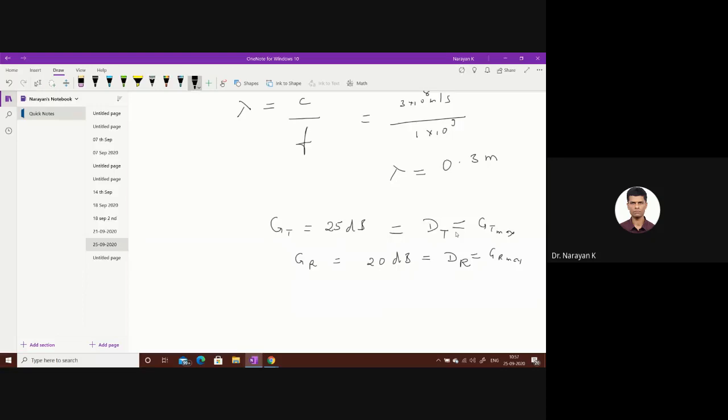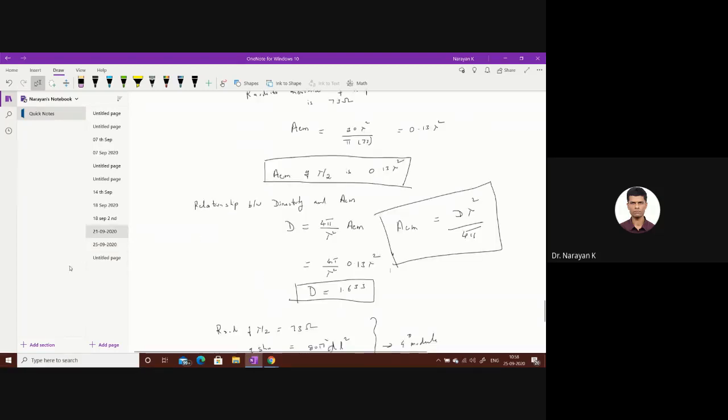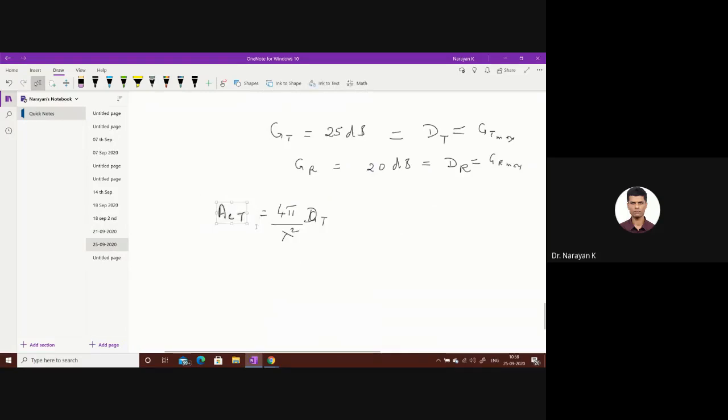So what is the effective aperture of the transmitting antenna in terms of this?